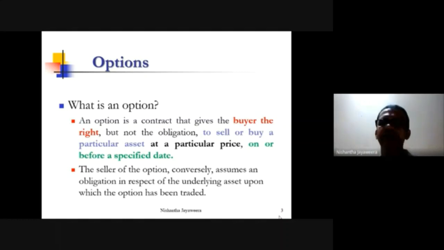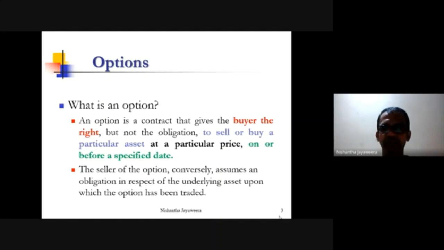That's the general perception we have. Whenever we say I buy something, I'm going to buy some underlying asset. But when it comes to buying the option, it's not necessarily that you are going to buy an asset. Remember that. Buying an option doesn't mean that you are going to buy the asset.